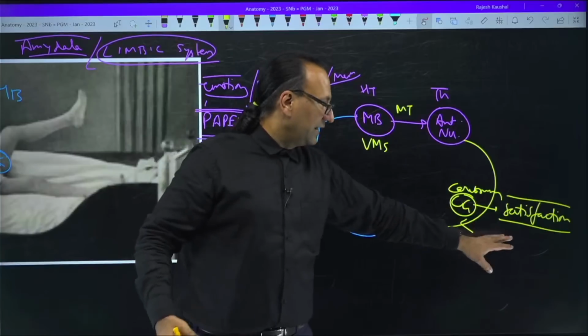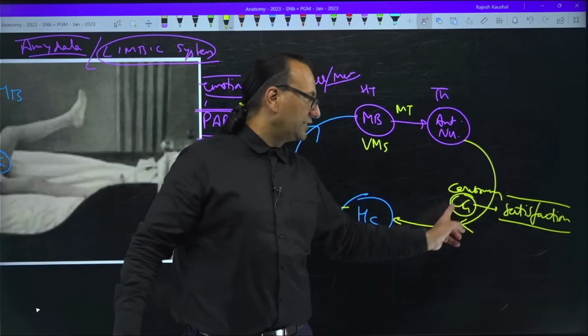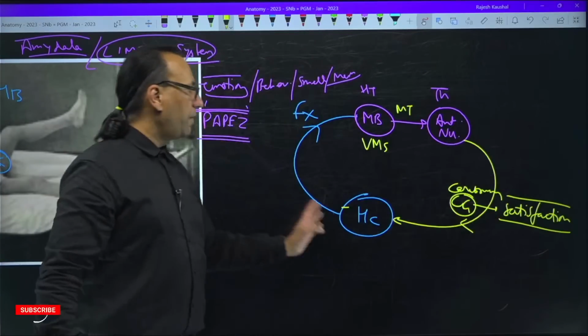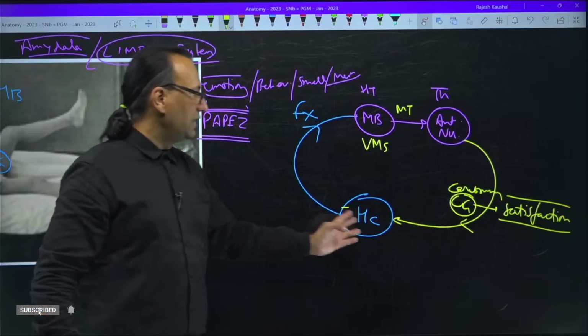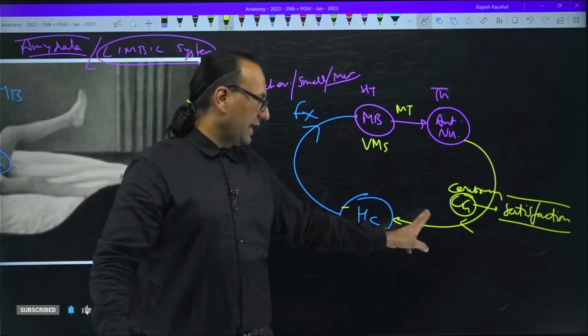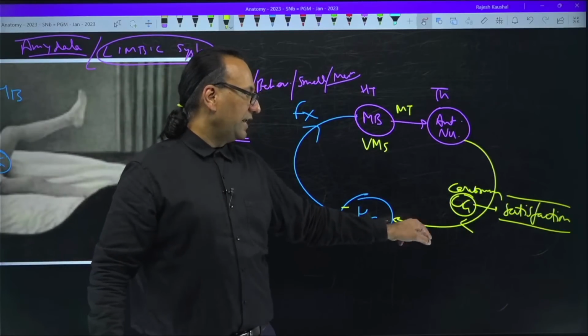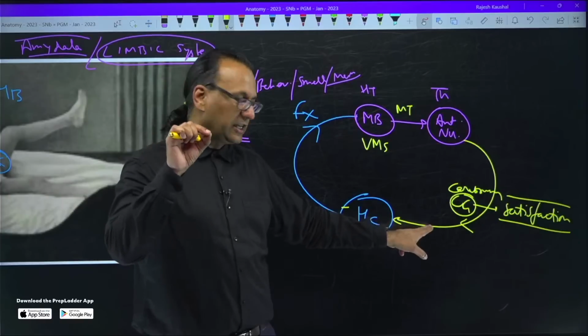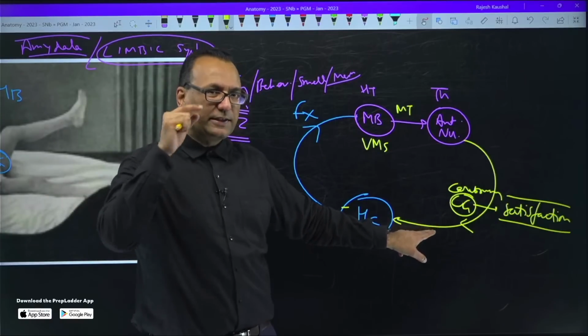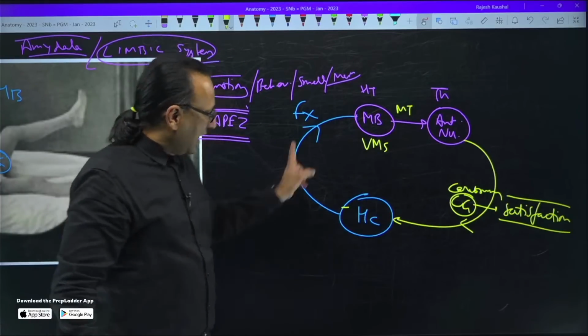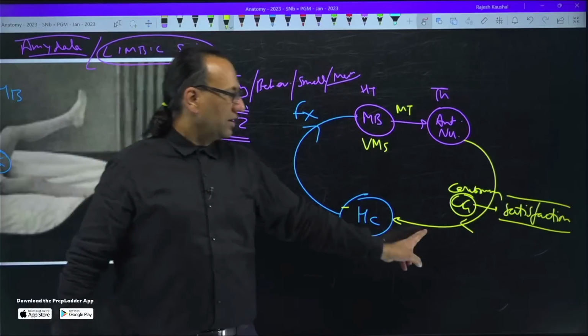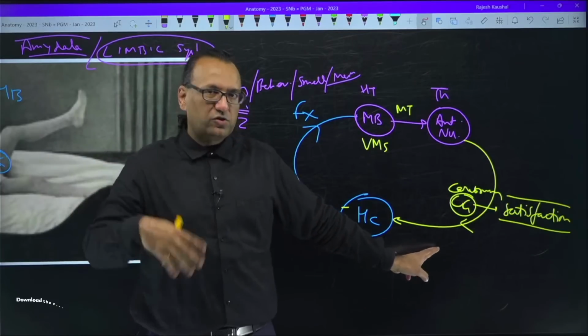And here in the cerebrum, the cingulate gyrus is the satiety center, and this is all about emotions, behavior, and the smell pathway also comes, which I have not mentioned here. There is a description of the smell pathway. See, my point is, I never used to put the smell pathway here because nobody was asking.